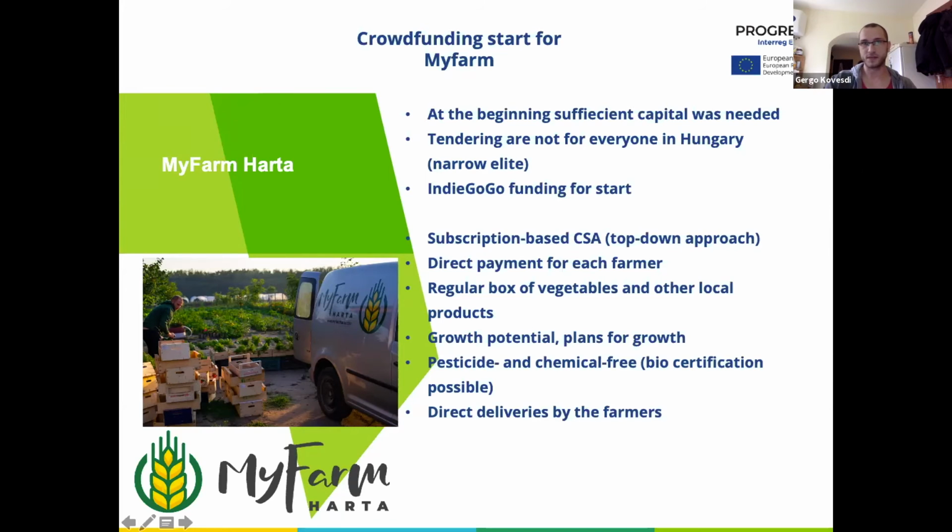It is a subscription-based CSA, a top-down approach, with direct payment to each farmer. It is subscription based, so you can order monthly vegetables, or you can order weekly as well.